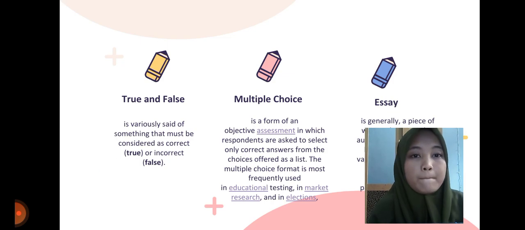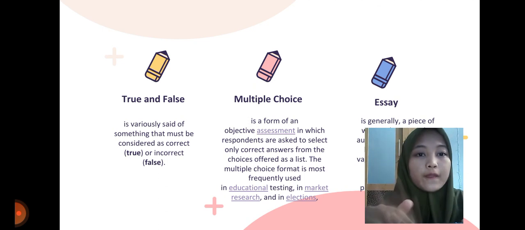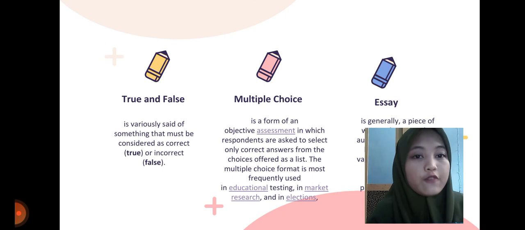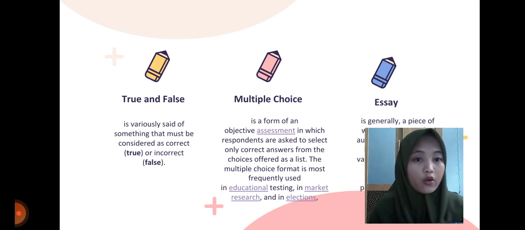There are three types for discussion: true and false, multiple choice, and then essay. True and false is variously said of something that must be considered as correct or true, or incorrect or false.